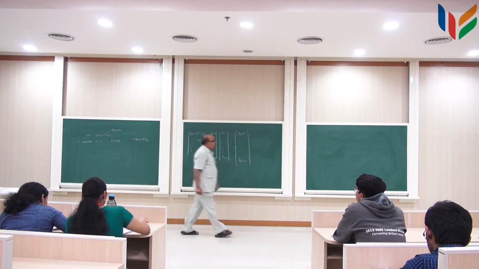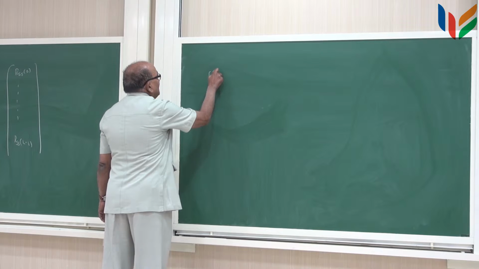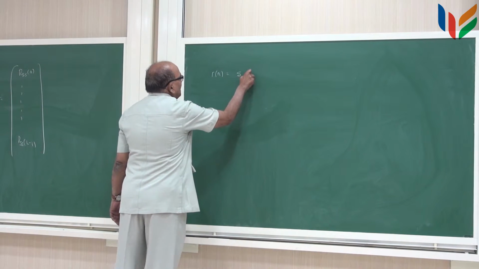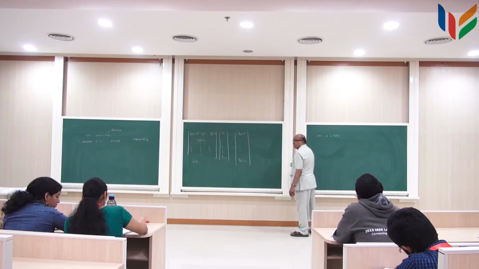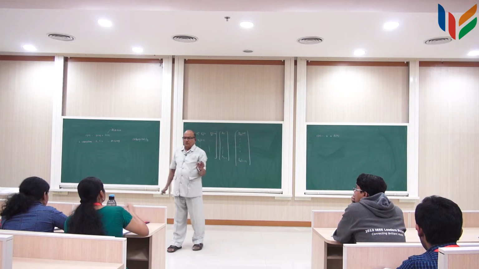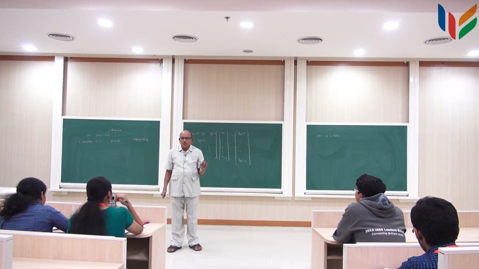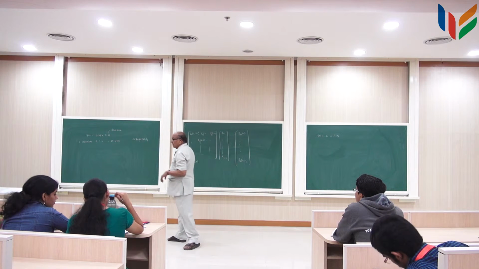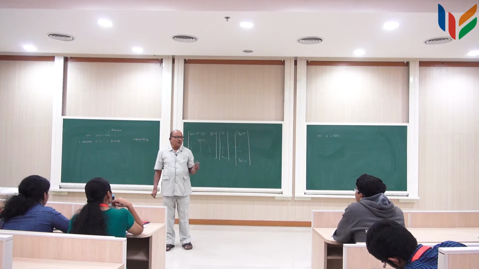If we take up a situation where R of n is equal to some signal plus noise, where S is a deterministic signal, a signal sample, some value. That means now you have observations, not just one observation on the signal embedded in noise.